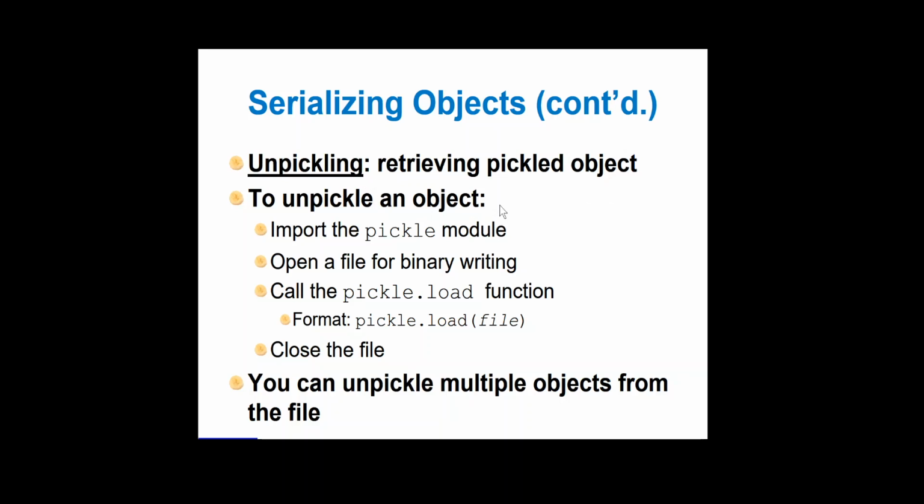You import pickle also, and then instead of pickle.dump, you use pickle.load. And in this case, you don't provide two arguments, just the file name with the proper extension, which is binary. And in that case, you will get back your object, which is unpickled, or what we call deserialized, okay?